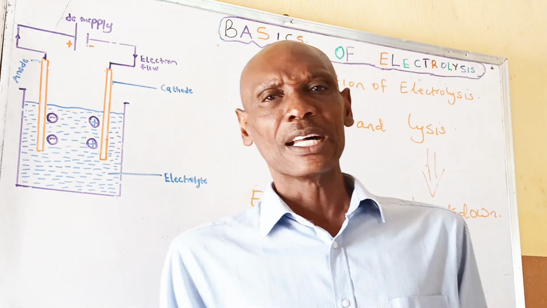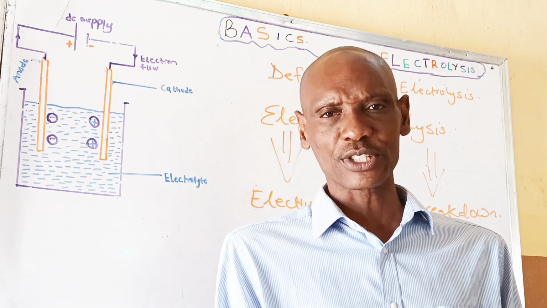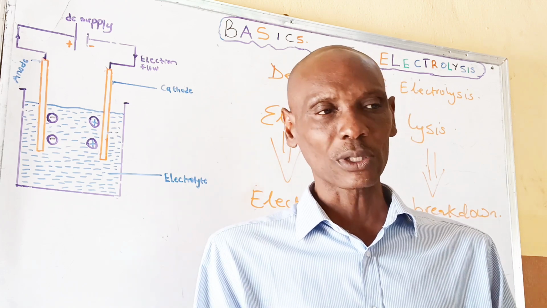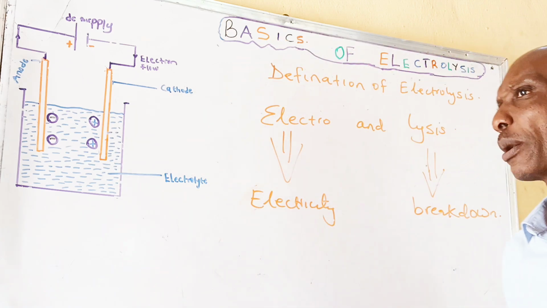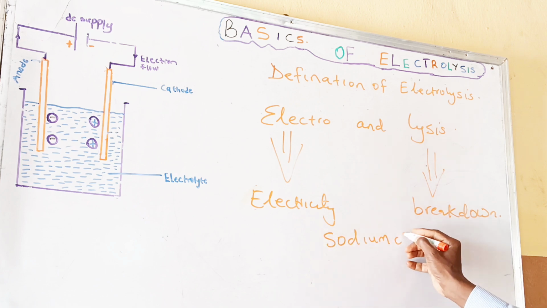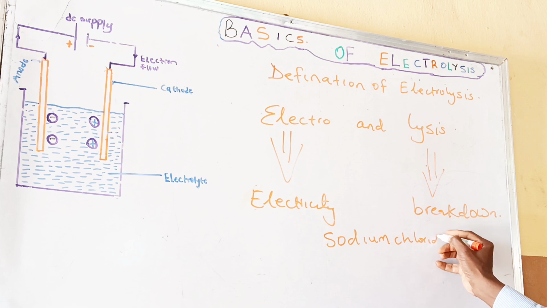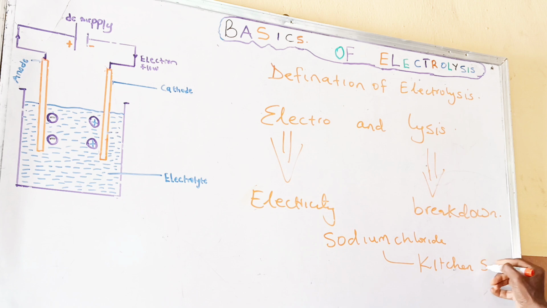All right. Now, in the kitchen, we have a common substance which we call kitchen salt. Now, kitchen salt is basically sodium chloride. Kitchen salt is sodium chloride.